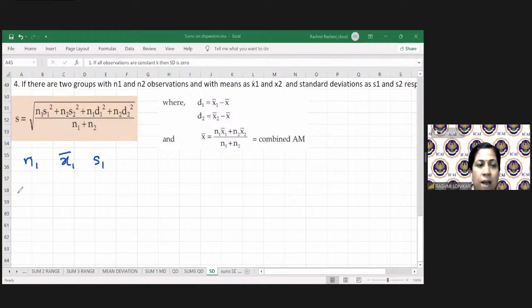I have another group of data which has n2 number of observations. Its mean is x2 bar and its standard deviation is s2.